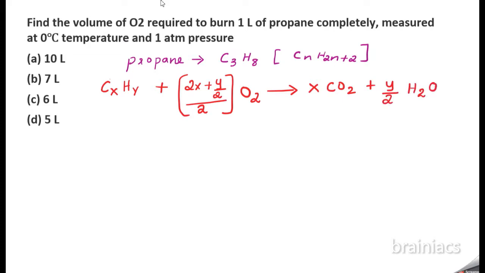Very important. Now how do we use this general equation? If you learn this, you can apply it for anything.